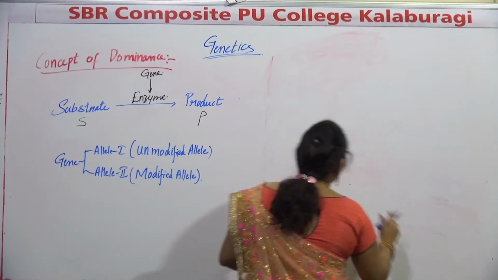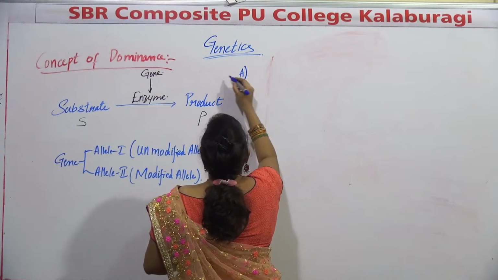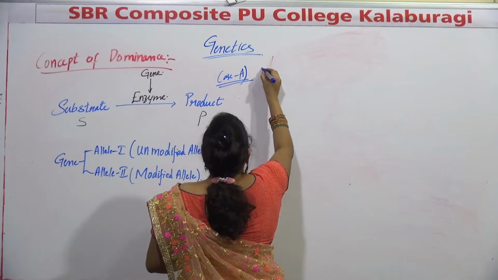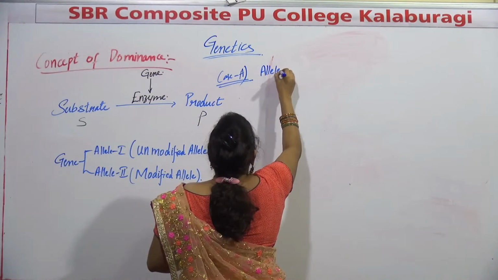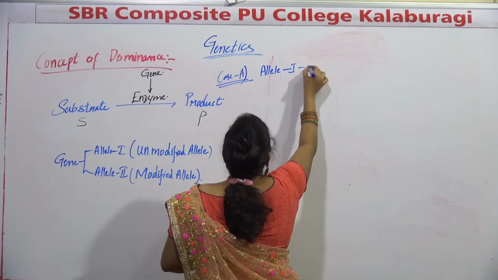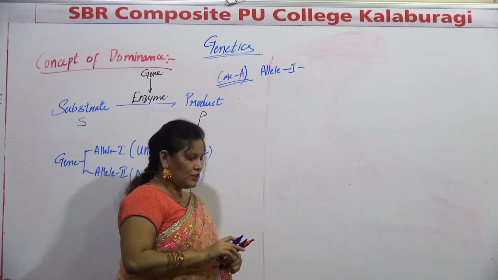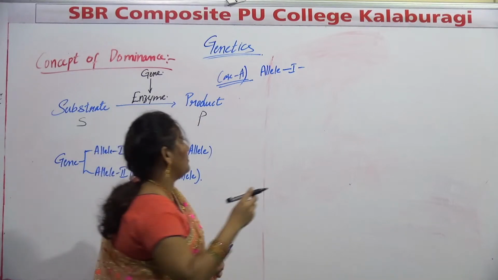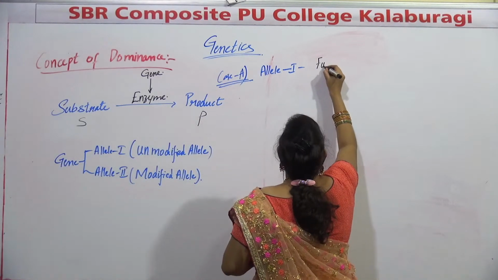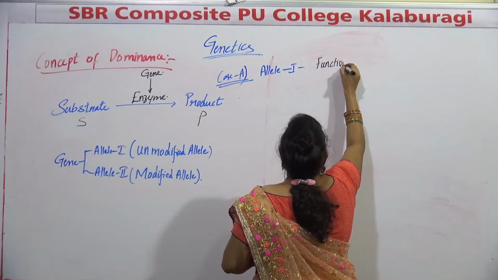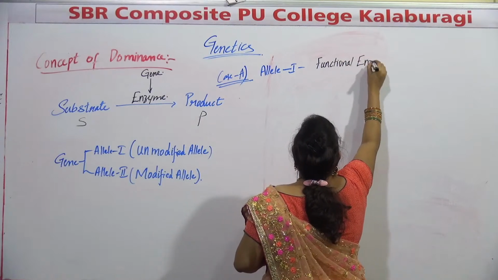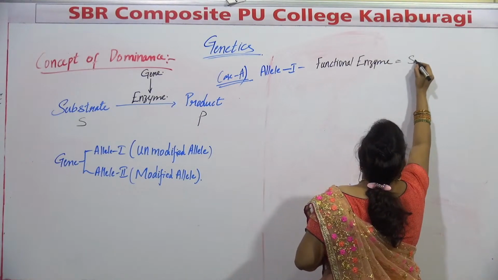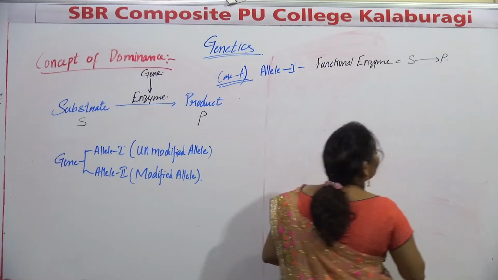The first allele, the unmodified allele, produces a functional enzyme, and this functional enzyme will convert the substrate into product.